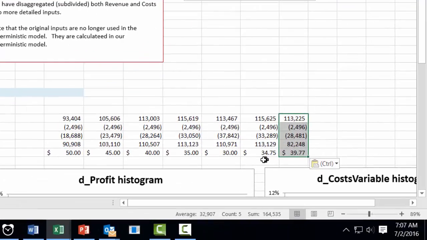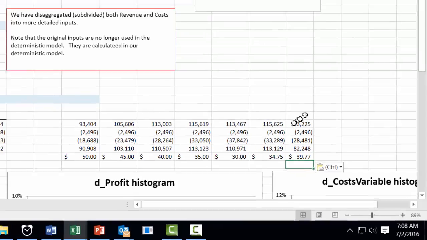So the $34.75 was our ticket price to maximize profit with the incorrect profit calculation, and now we've increased it to $39.77. Does that make sense? We've incurred additional costs, and to recover those additional costs we have to have a higher ticket price.